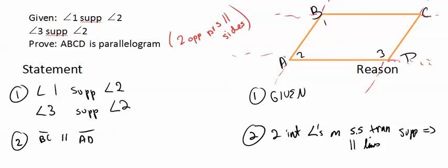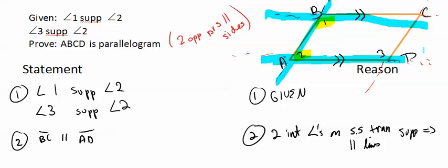So we'll mark that with parallel line symbols, which is the double arrows. And again, that reasoning is because angle 1 and angle 2 are supplementary to each other. And you'll notice that they're on the interior of those two lines, which would then mean that these lines extended are going to be parallel.